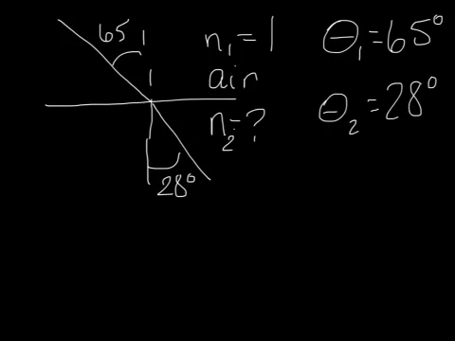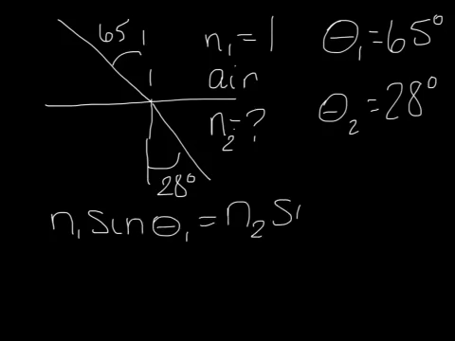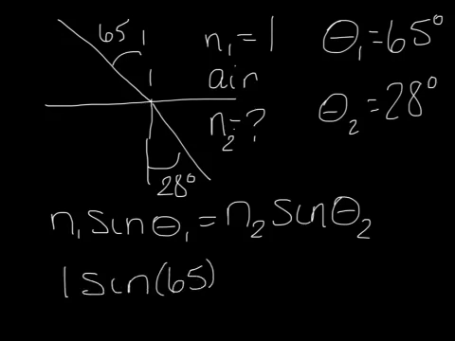So we know N1 sine theta 1 is equal to N2 sine theta 2. So 1 times the sine of 65 is equal to N2, what we're hunting, times the sine of 28.